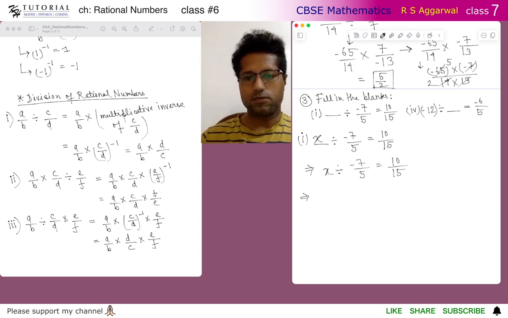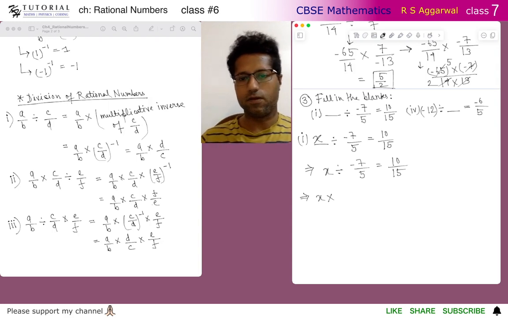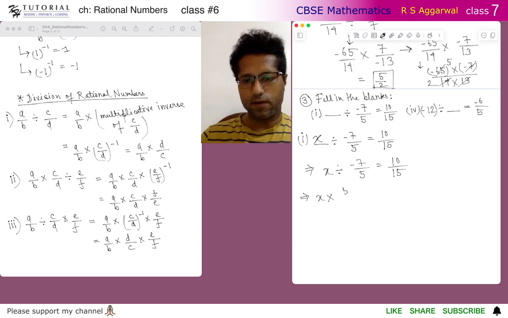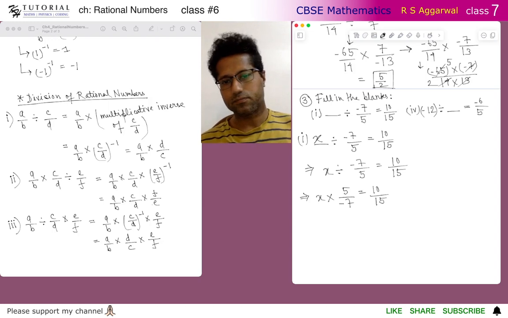Now this implies x divided by minus 7 by 5 means x multiplied by the multiplicative inverse of minus 7 by 5, that is 5 by minus 7, equals 10 by 15.